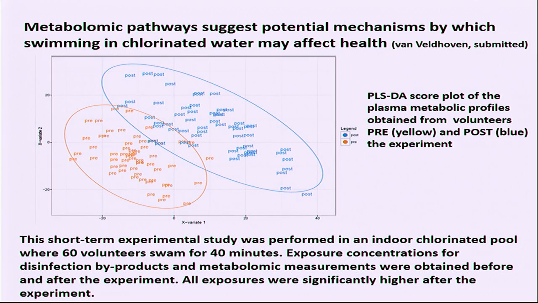And I will explain later what adductomics is. So this graph shows that there is indeed quite a different pattern of metabolomic features in the blood after swimming and before swimming. After swimming is in blue, and before swimming is in orange.